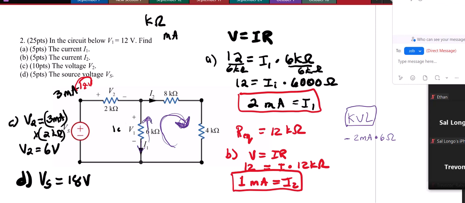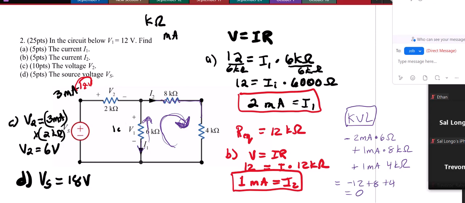I did minus because I'm going in the opposite direction of the current. Then plus, because I'm going in the direction of I2, which was 1 milliamp, so 1 milliamp times 8 kilo ohms takes care of this resistor. And then plus, I still have I2 going through this branch, 1 milliamp times 4 kilo ohms. That equals negative 12 plus 8 plus 4, which is in fact 0. So KVL on that right-hand loop does work out.